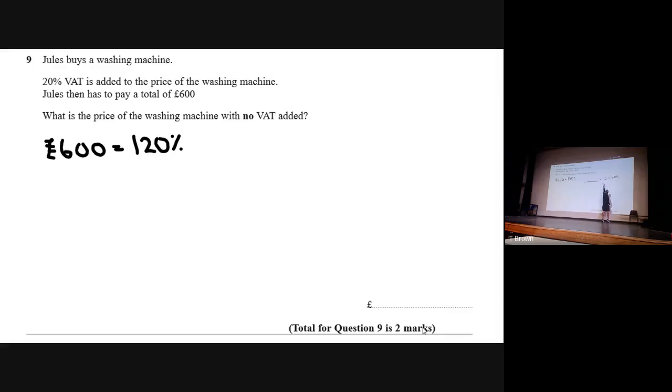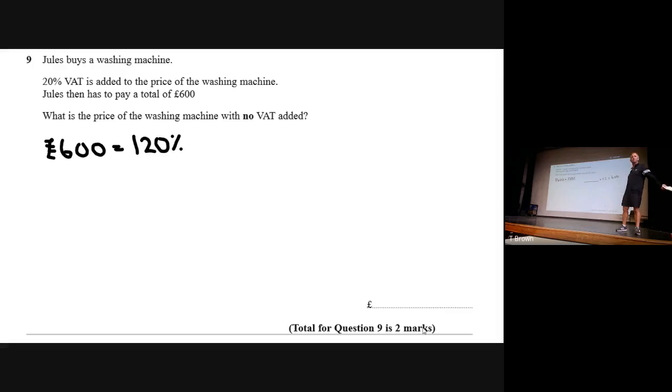So 1 is the original amount, 0.2 is the 20%, equals 600. So to get the original amount, you would divide 600 by 1.2, and that would tell you the answer. Even if you haven't got a calculator, you could still do it like that.